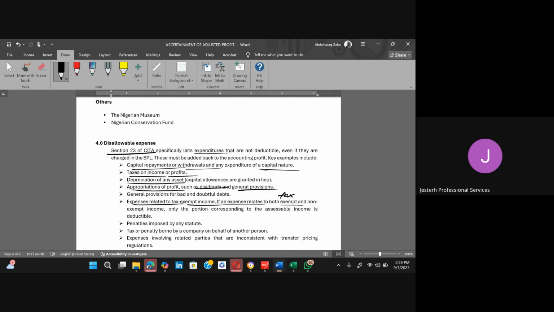So what we are saying here is that if you incurred an expense only to generate non-taxable income, let me give you an example here.